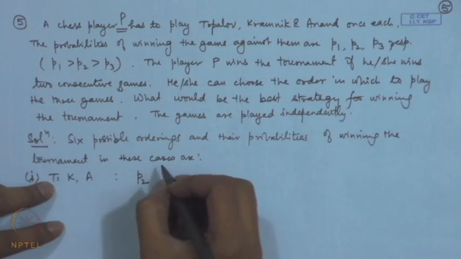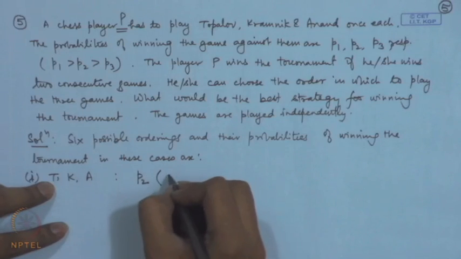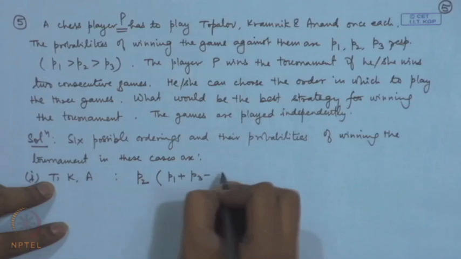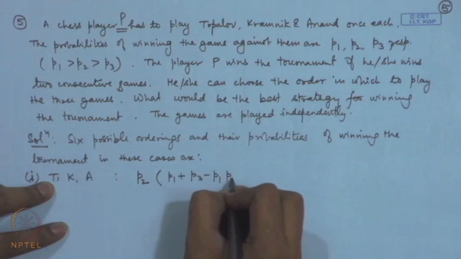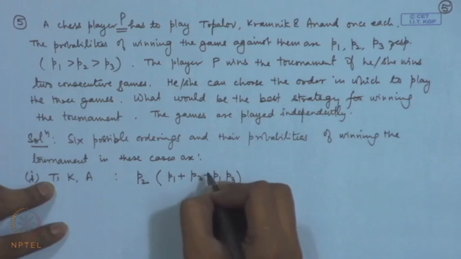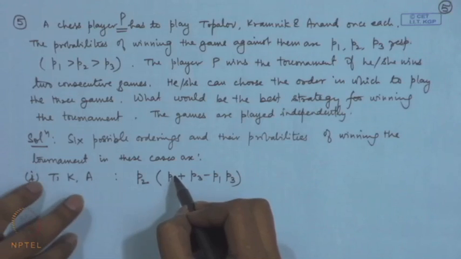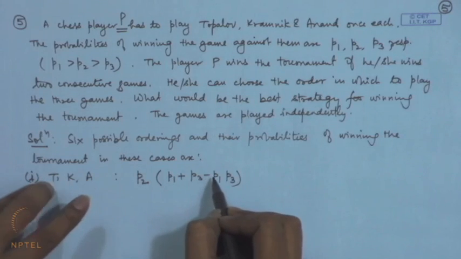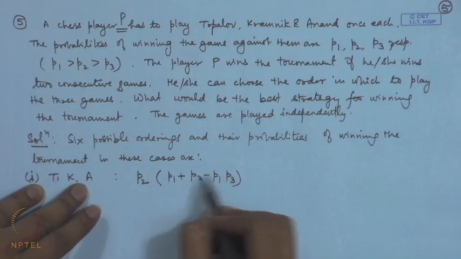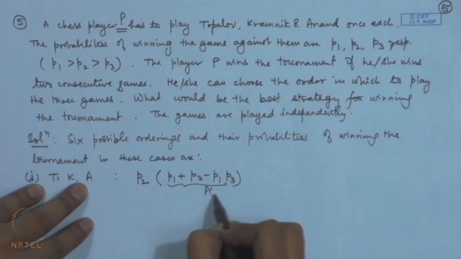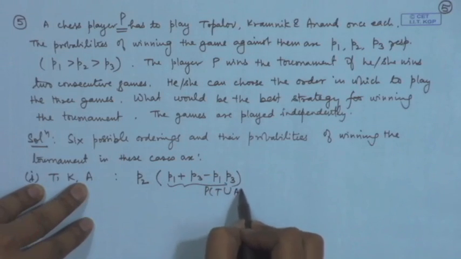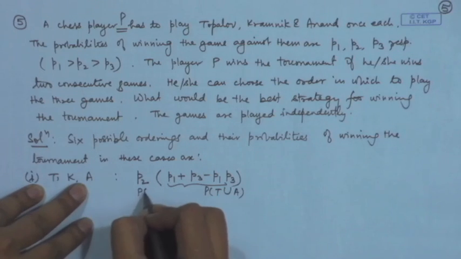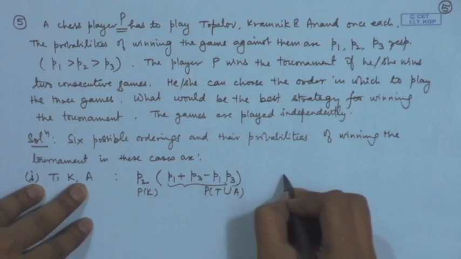So, I can write it as the probability of P 1 plus P 3 minus P 1 into P 3. Now, what is this probability coming? This is probability of T plus probability of A minus probability of T intersection A. That means, this is actually denoting probability of T union A. So, this is probability of K. So, actually what is the event?